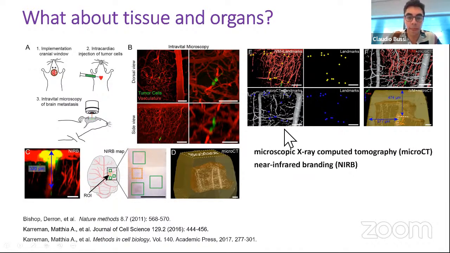Luego, lo que se va a usar para intentar encontrar el área de interés donde ellos estuvieron haciendo la microscopía intravital, es esta técnica que se llama NIRB, que básicamente es un marcado con láseres cercanos al infrarrojo de la zona de interés, que es lo que ustedes ven acá como mapa NIRB.